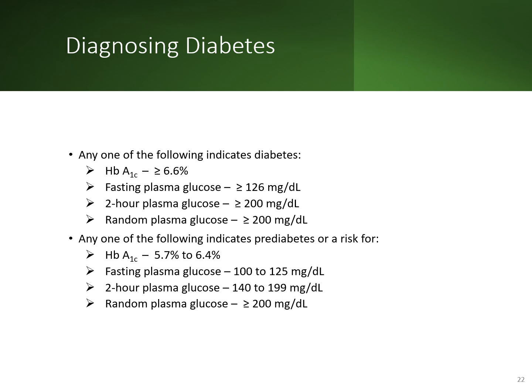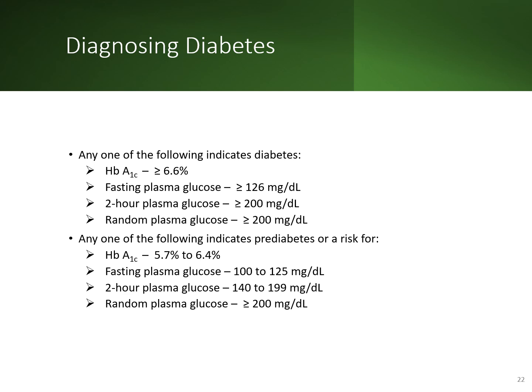Diagnosing diabetes is done either by the plasma glucose or a hemoglobin A1C. And so those numbers are listed here for diagnosing diabetes. But you can also determine if the patient is pre-diabetic or at risk for developing diabetes.